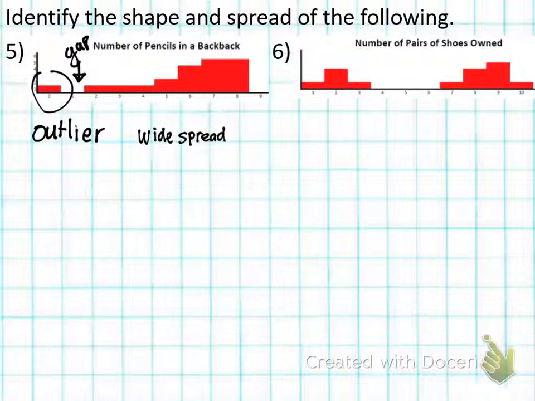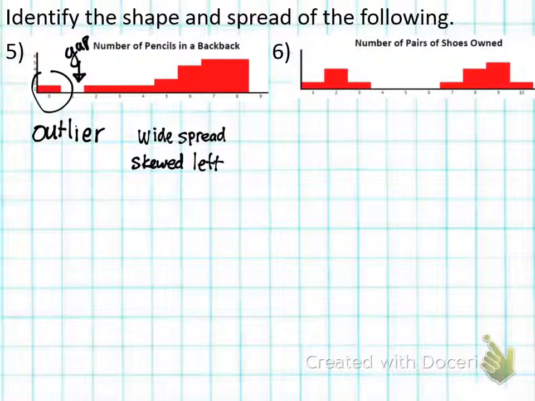And we notice that it's skewed left or right? Skewed left. Good. This is really all you need on this one. We know that it's not symmetrical because it's skewed left.